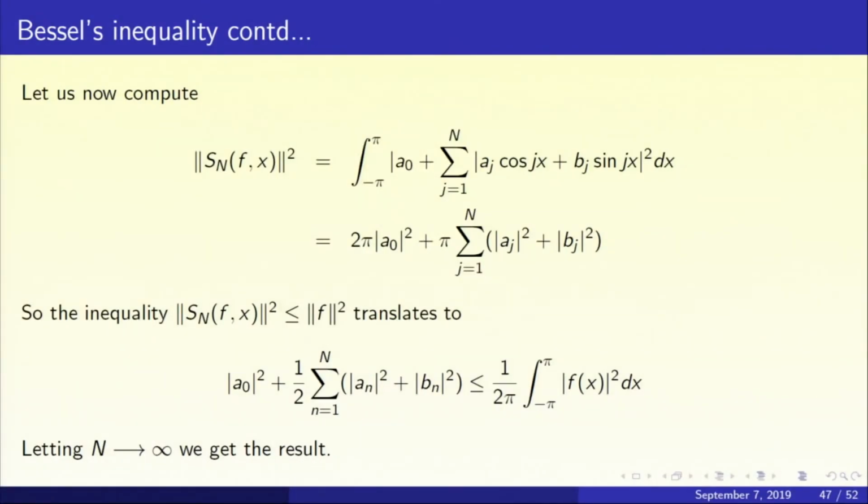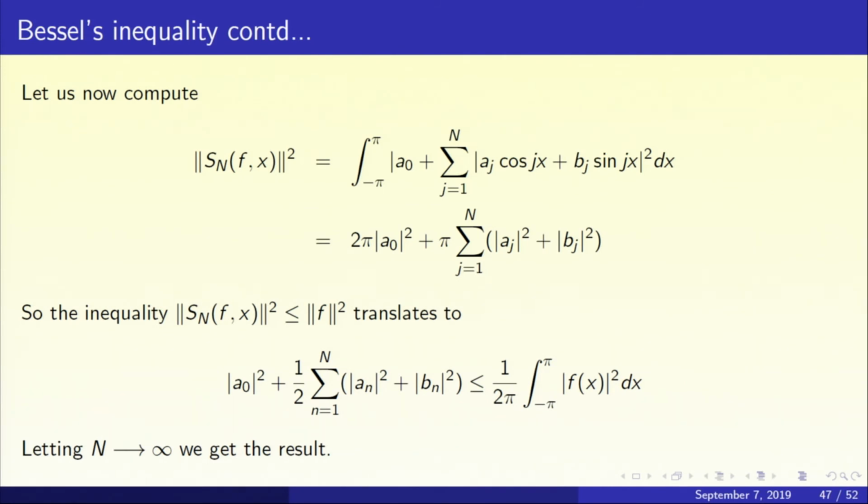Now let us calculate the left hand side of 2.6 in detail. Let us calculate ‖S_n f(x)‖² the whole squared. So what are we supposed to show? We are supposed to integrate from −π to π the expression a_0 plus the summation j from 1 to n of a_j cos jx plus b_j sin jx, the whole thing squared. So just expand it.